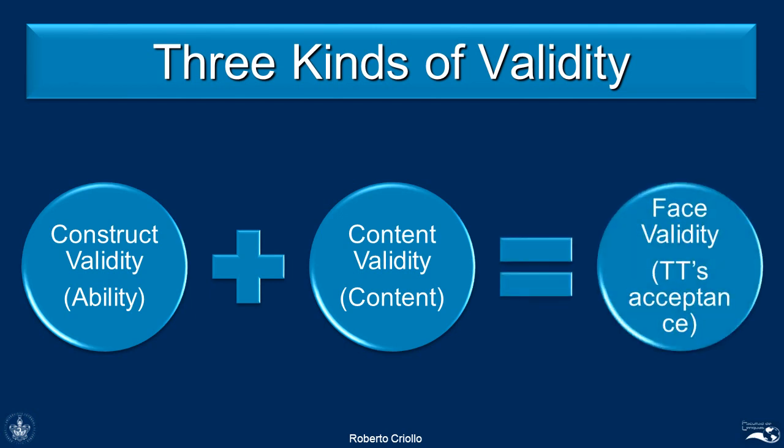And finally, because the students will see that their scores correspond to the real abilities, and that the content that you tested is the content that you included in your courses, they will see that your test also has face validity. That means the students will accept the results even if they're not happy with them, because they will know that the scores of your tests are fair.